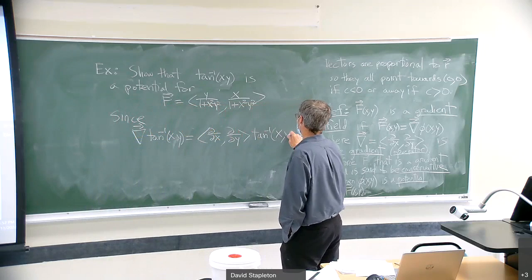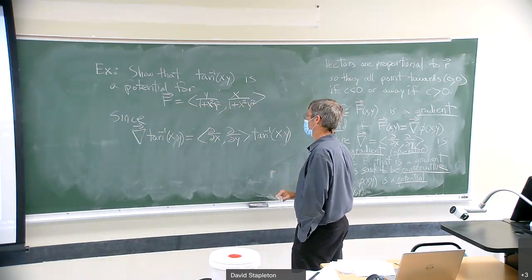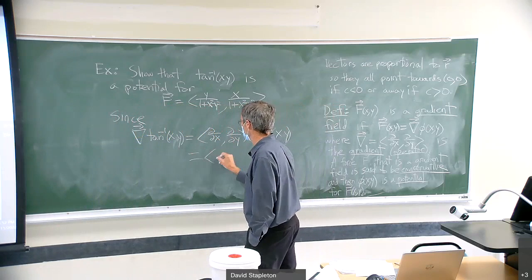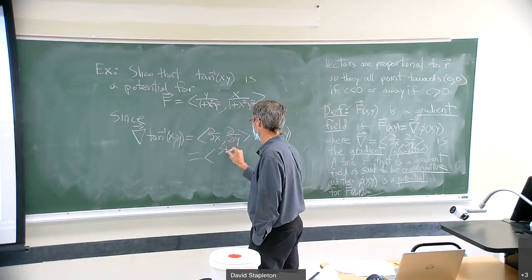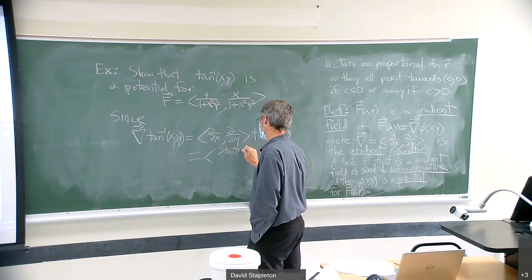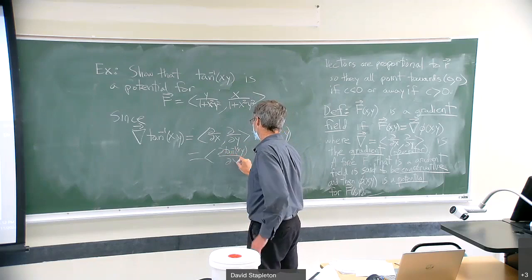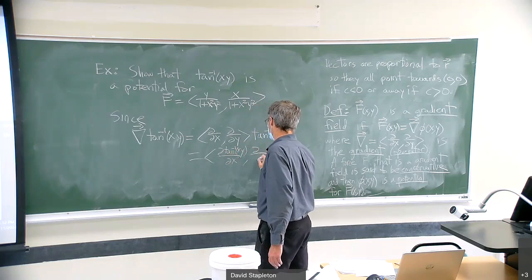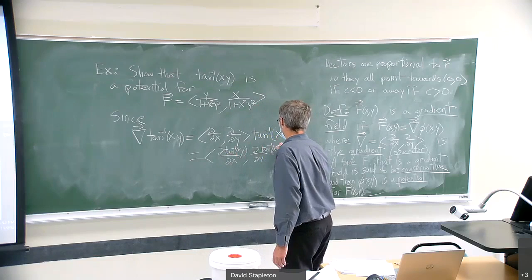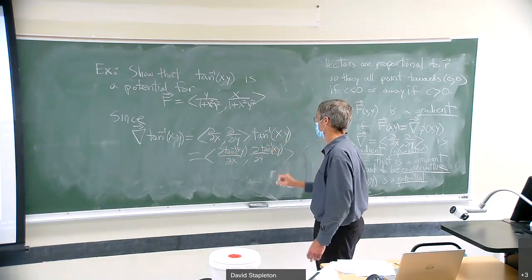All right, it means take d dx of arctangent xy, and d dy of arctangent xy.